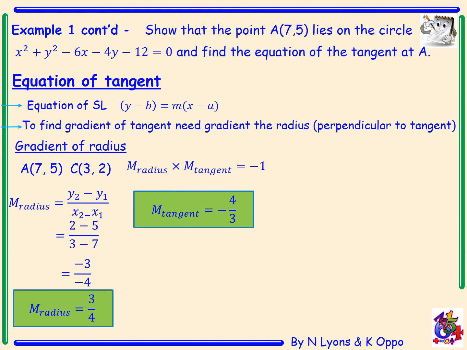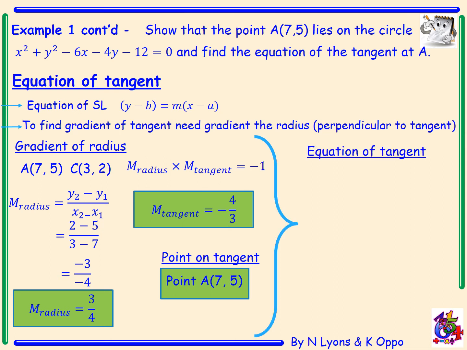From here, we now know the gradient of our tangent. We know a point on the tangent, which is A (7, 5), and we're going to use this in the straight line equation. So it'll be y minus 5 equals negative 4 over 3 bracket x minus 7.